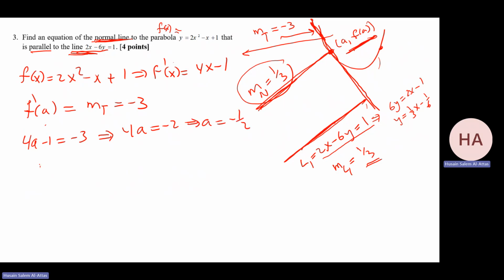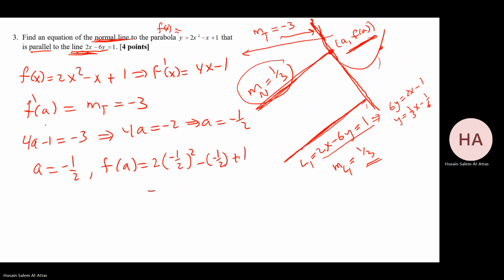If A equal -half, f of A will be what? 2 times minus half squared minus half plus 1. And that is what? 1/2. I have minus half plus 1, and that is 2. So the point is -half and 2.